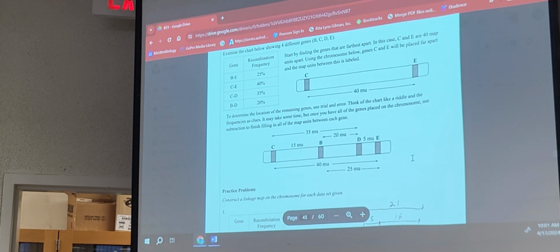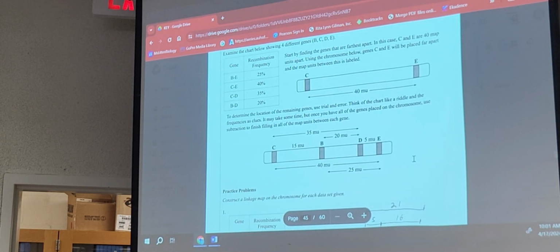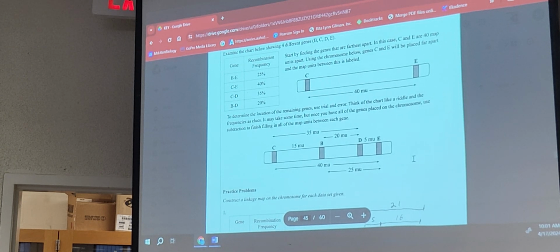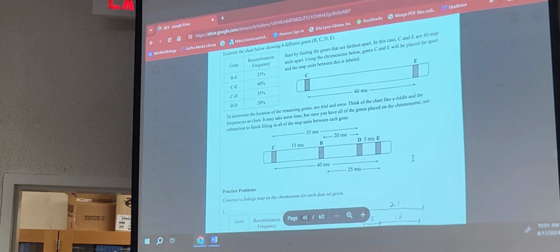It can be C, B, E, D, C, E, B, D. It could be C, D, E, B, or B, E, or it could be B, E, C, D, right? There's all these different combinations that it could possibly be on the gene. You need to use the mathematics of how many times they've recombined to give you those math units. Does that make any sense?